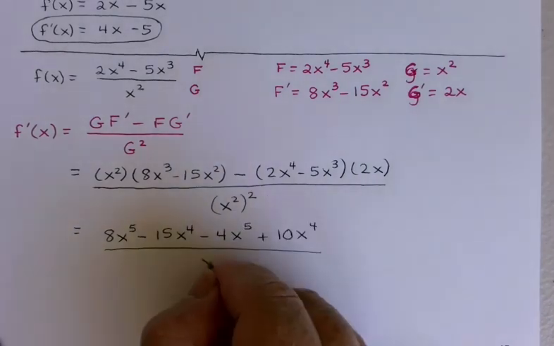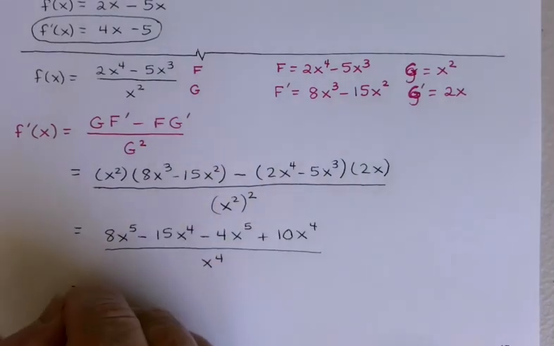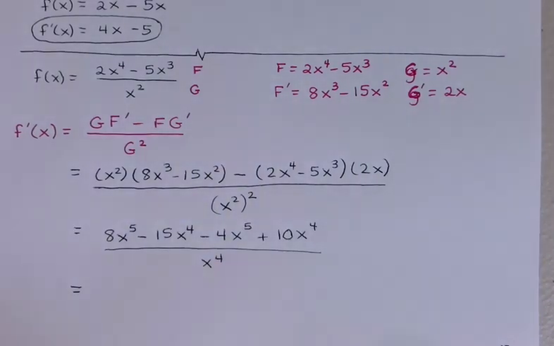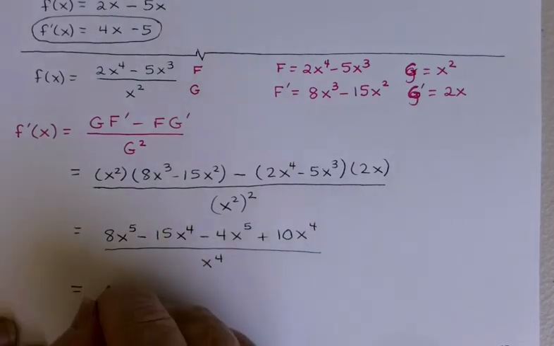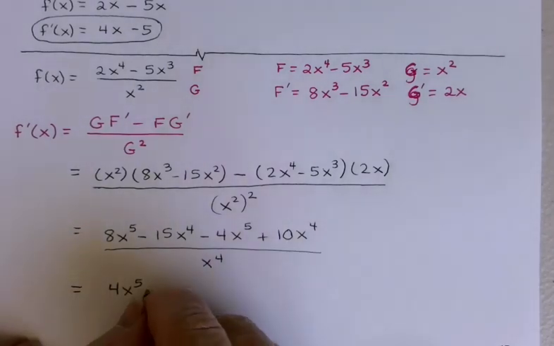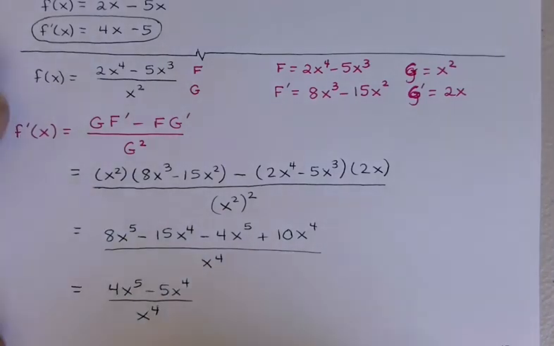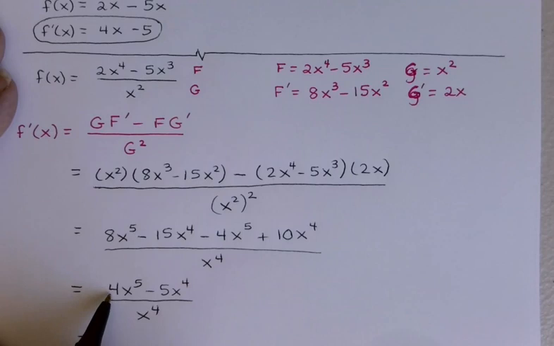Over x to the fourth. Combining my like terms on top, I'm going to get 4x to the fifth and a negative 5x to the fourth. And then just doing that division gives me 4x to the first minus just a 5.